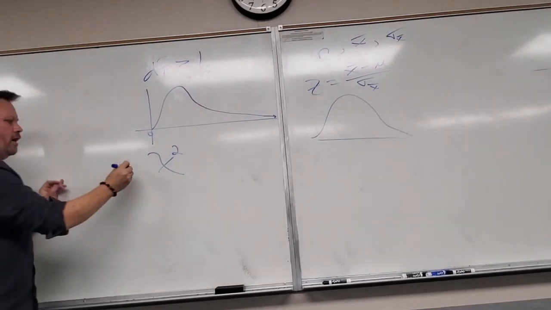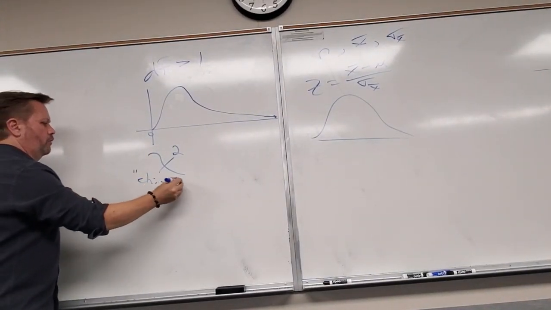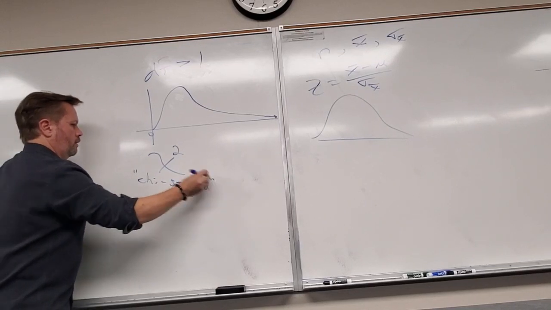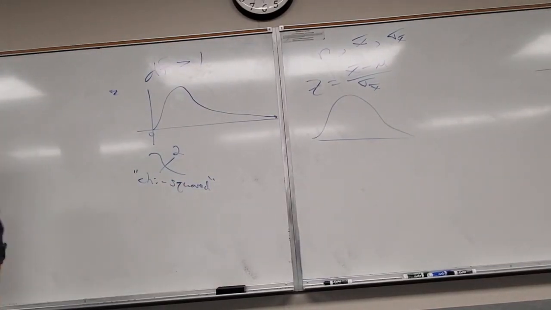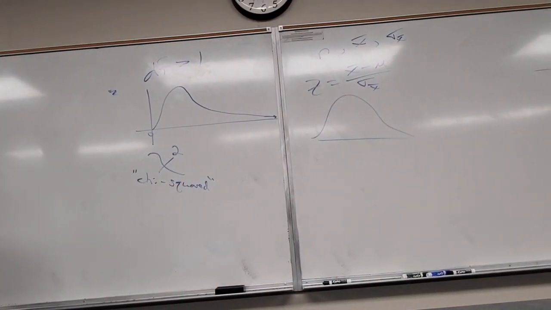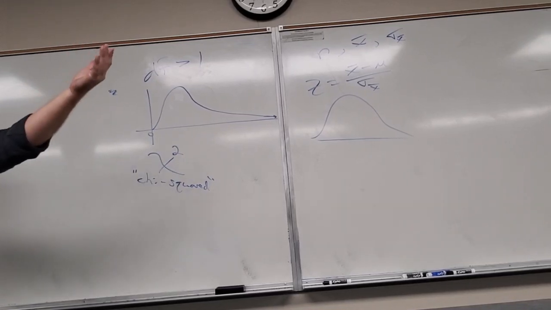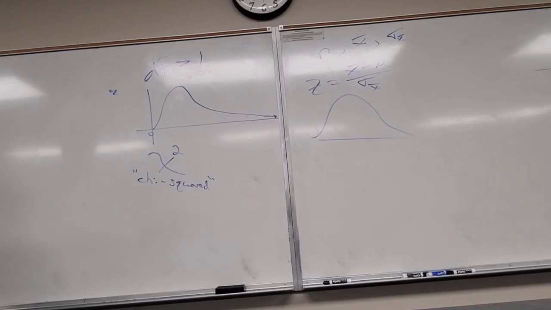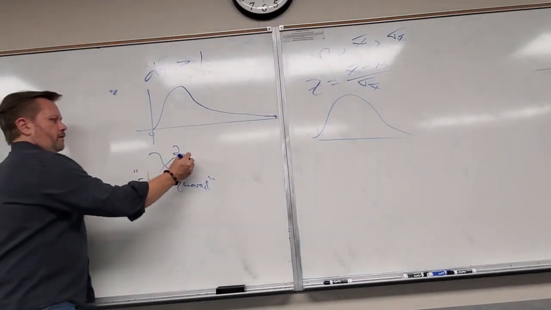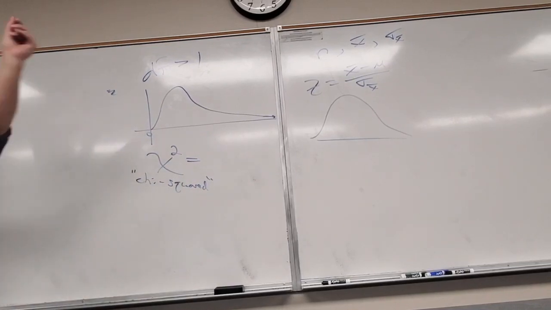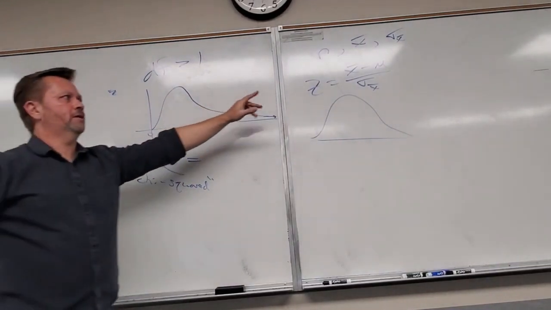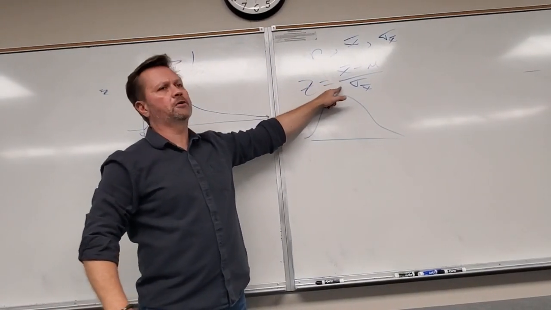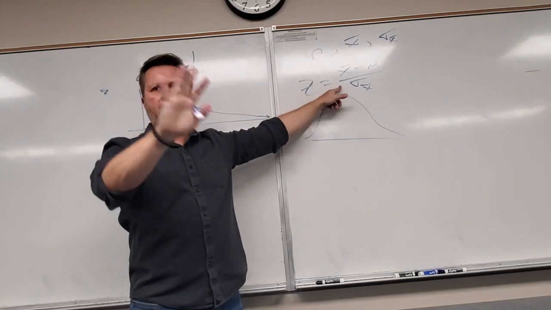So this is chi squared. So it's just like z. It's exactly like z. It's just another symbol. I'll tell you why it's got a square on it in a minute. Stay with me now. Okay. Is everybody cool? This right here, you all should be like, yeah, I can do that.